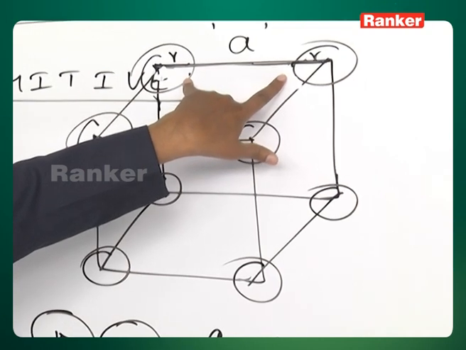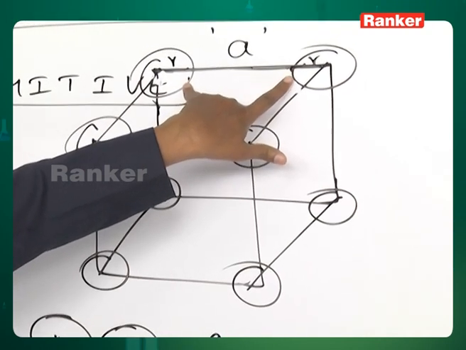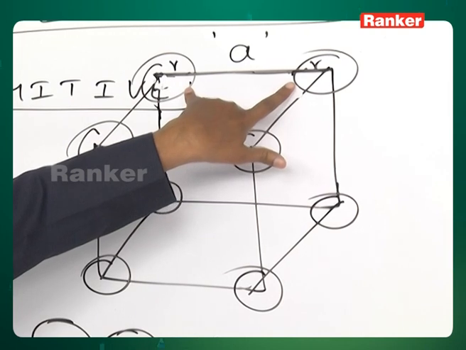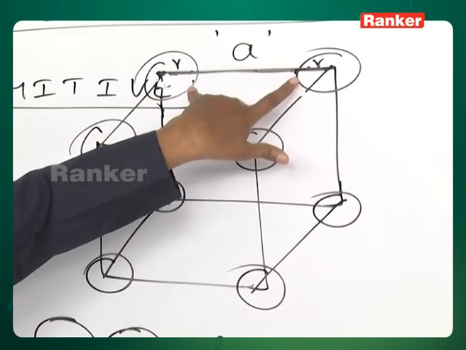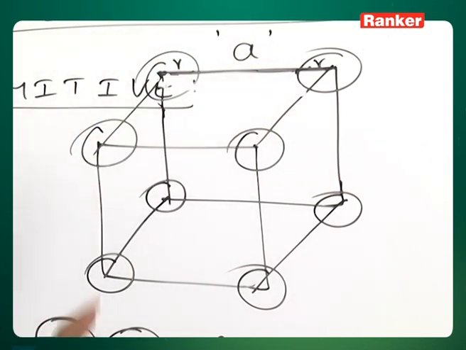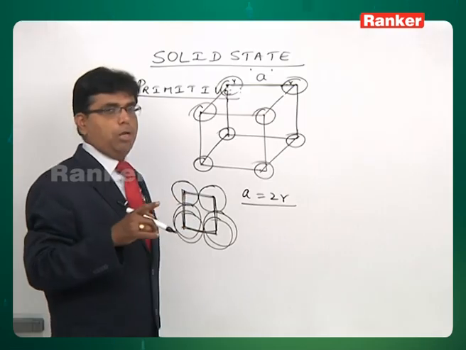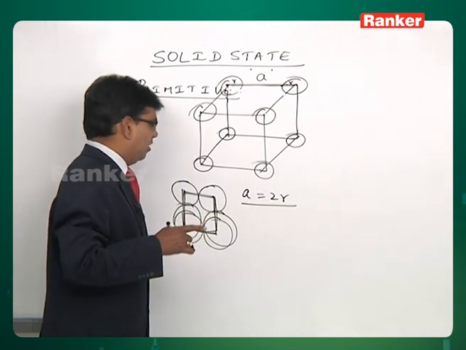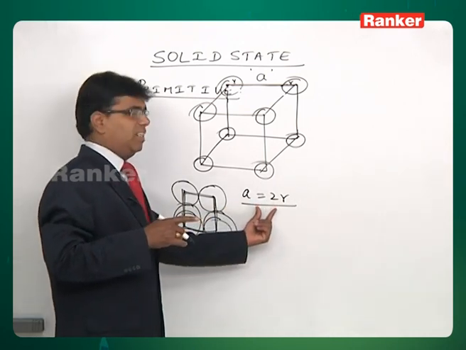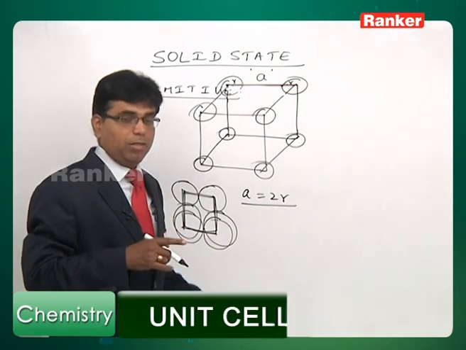What you have to take into consideration is that these 2 are in contact with each other. So, a is equal to 2r. This is the primitive unit cell. And so, in the primitive unit cell, straight away you can say that a is equal to 2r.